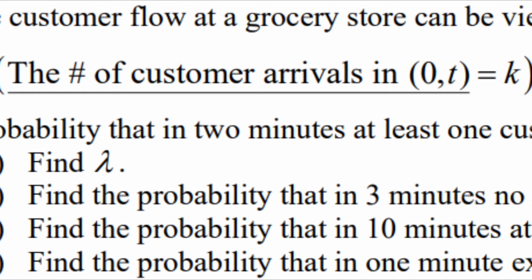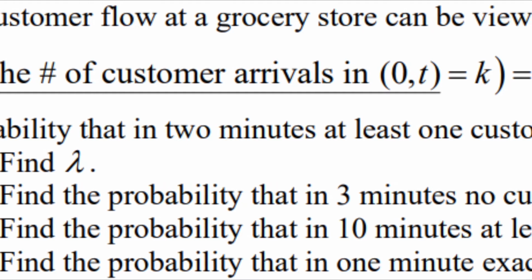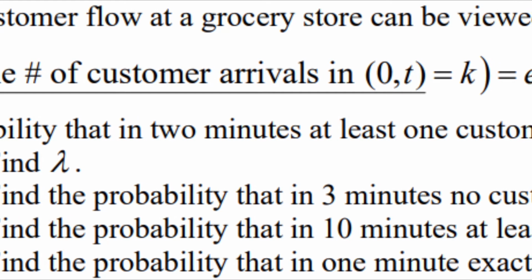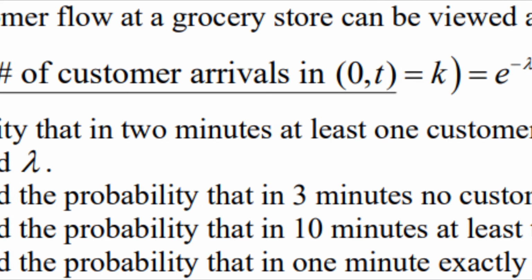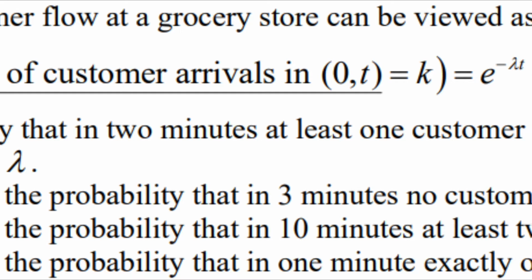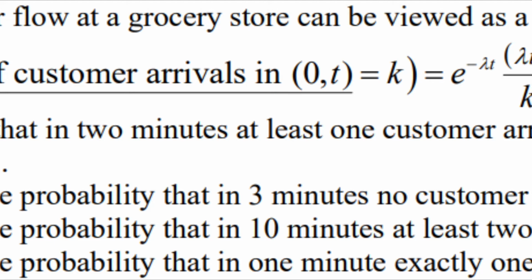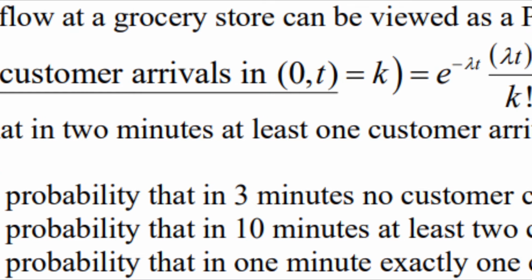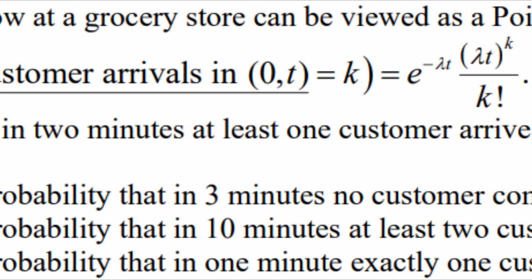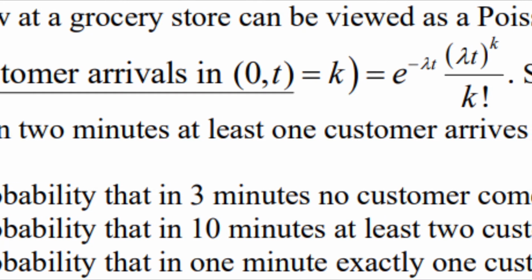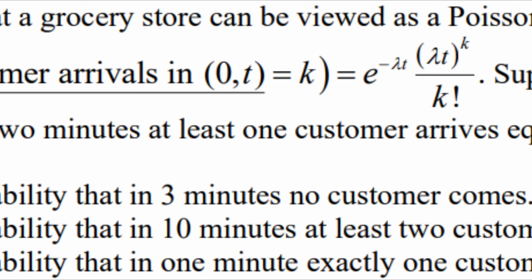For example, the probability that the number of customer arrivals in (0, t] equals k is e to the power of minus lambda t, times (lambda t) to the power of k, over k factorial. Suppose the probability that in 2 minutes at least one customer arrives equals 0.3.